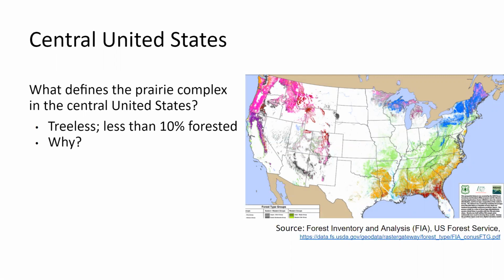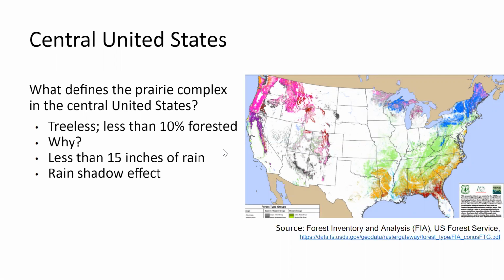So why is that? Why do you think we don't have forests in the prairie complex? Right, so if you guessed the lack of rainfall, we have less than 15 inches of rain in these areas. And so the rainfall is not enough to support tree growth. We see in the Midwest a rain shadow effect, which makes these areas very dry.